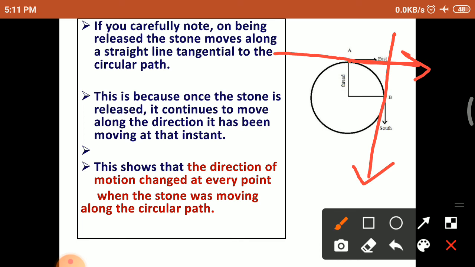This is because once the stone is released, it continues to move along the direction it was moving at that instant. This shows that the direction of motion changes at every point. So from this we can say that any object moving in a circular path changes its direction at every time.